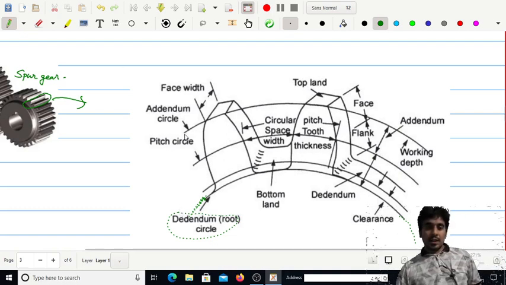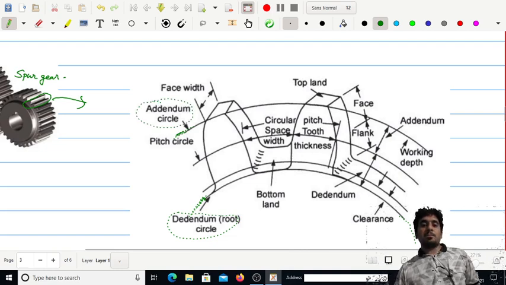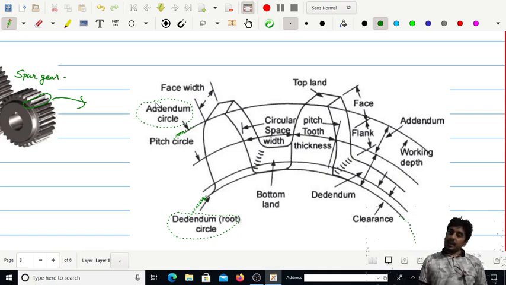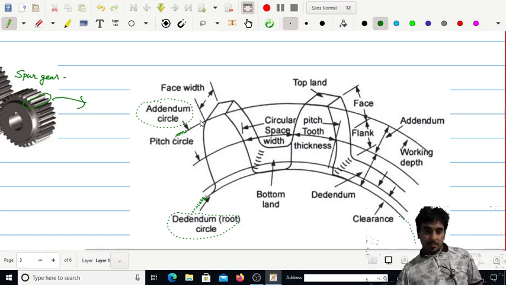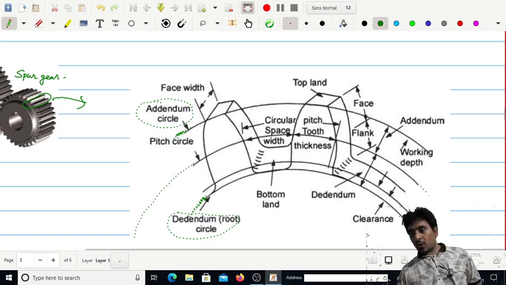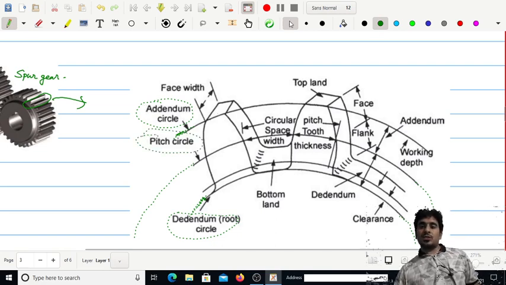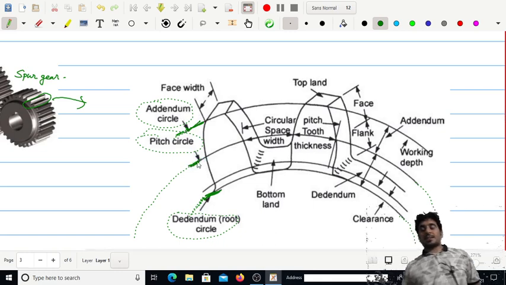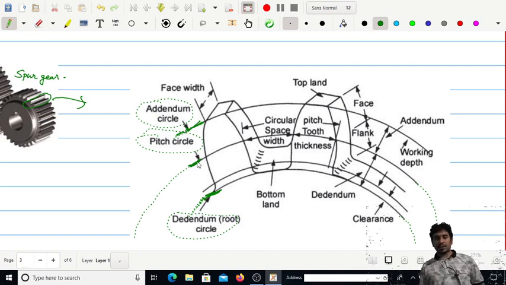Another circle is located here at the top of the tooth profile, and this is called the addendum circle. And the circle between these two is called the pitch circle. So this is the addendum circle, this is the dedendum circle, and this is the pitch circle. Okay, these three circles are clear.